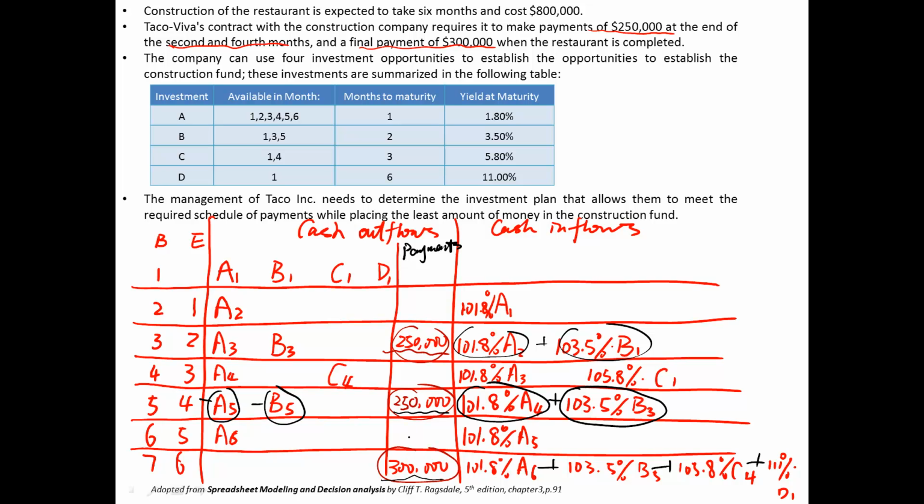Okay. Then what about in the months that we don't have a payment? For example, this second month, what's the relationship between these 2? You can just think of this as a payment of 0, right? So you don't have to pay anything, but what you get out from this 101.8% times A1, you should have enough to make the investment in A2.